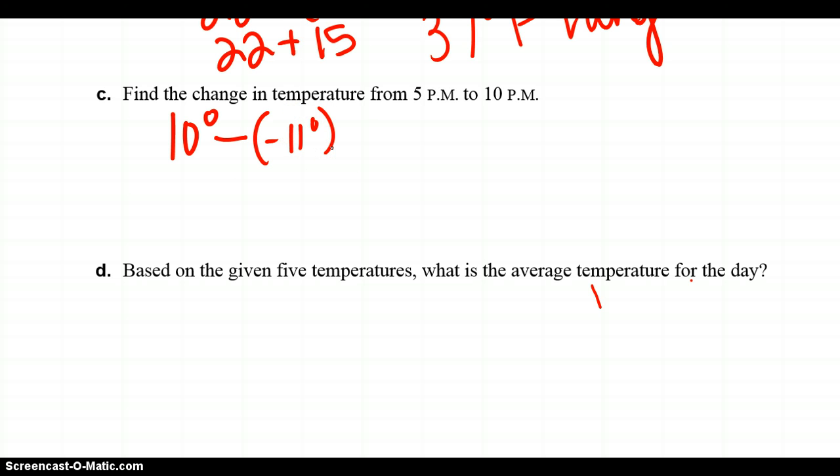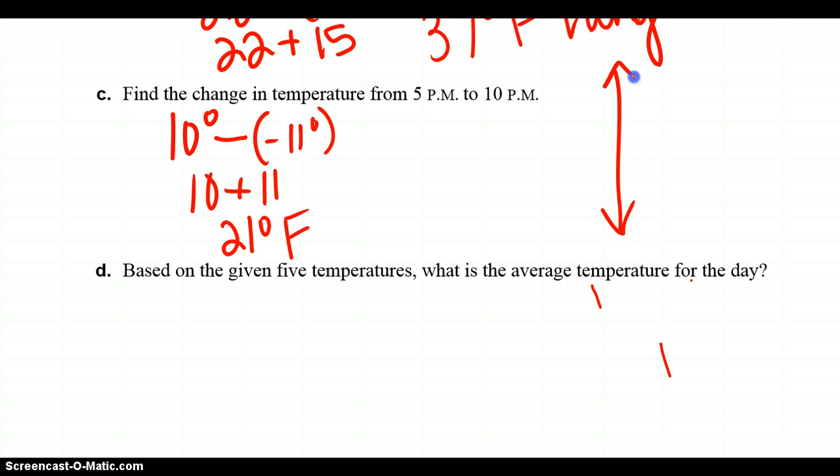So the change is keep the first, add the opposite of the second. The change is 21 degrees Fahrenheit. You could have also drawn a vertical number line, and 10 degrees is way up here, negative 11 is way down here, and the distance between these two numbers is 21 degrees. So you could have done it either way.